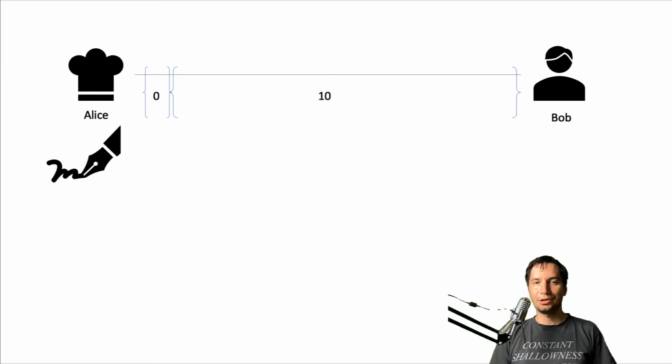And this signature says that in this case, Alice doesn't have any of these coins, and all coins should be sent back to Bob. So when Bob sees the signature, he gladly signs this transaction as well.